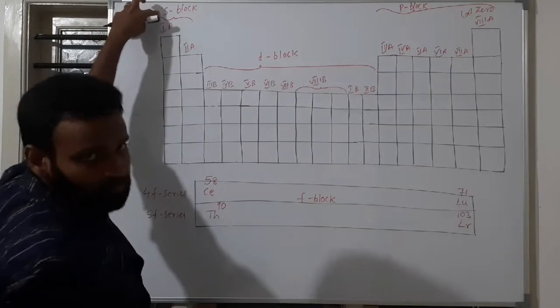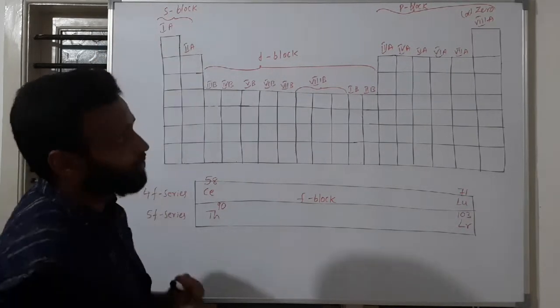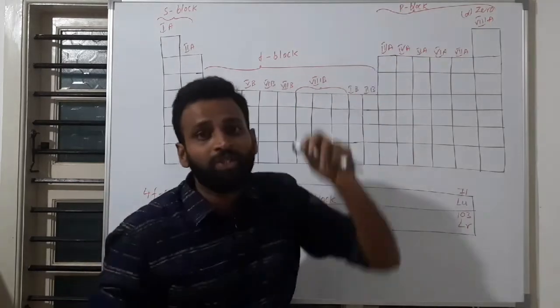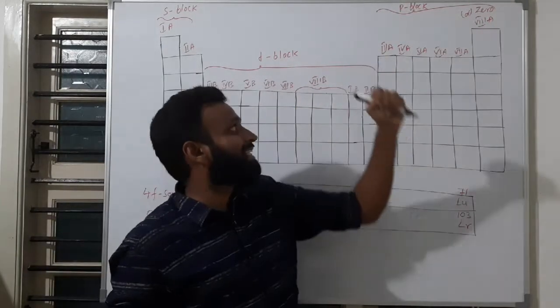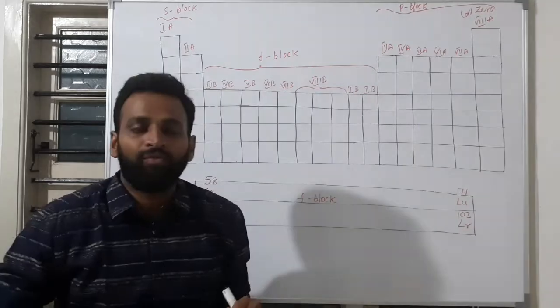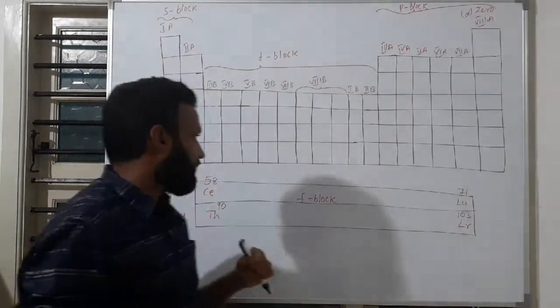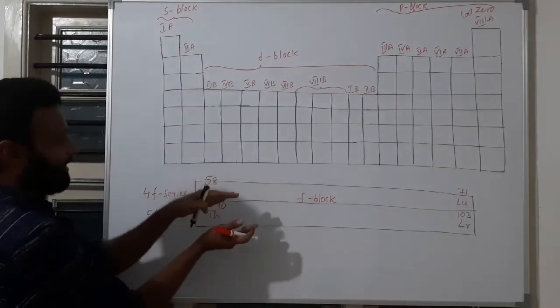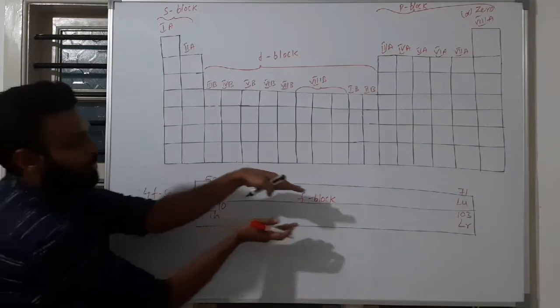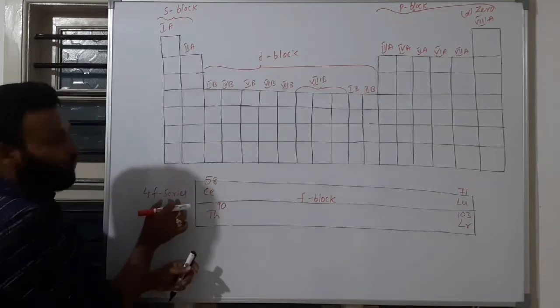S can have a maximum of 2 electrons, that's why you have 2 groups. The P subshell can have a maximum of 6 electrons, so the P block will have 6 groups.